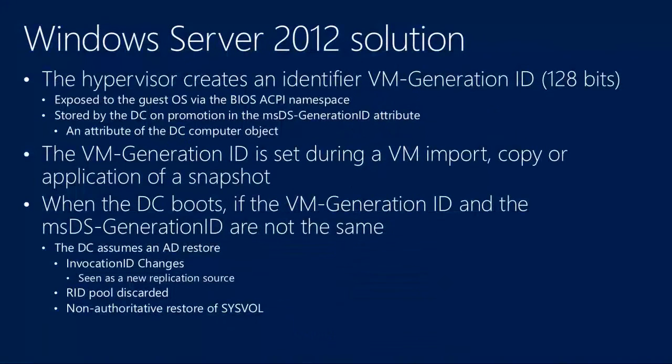And the 2012 solution is they've introduced what they call the VM generation ID. Right, it's a 128-bit number, and 64 bits of it is exposed, and it's exposed up through the BIOS ACPI namespace.